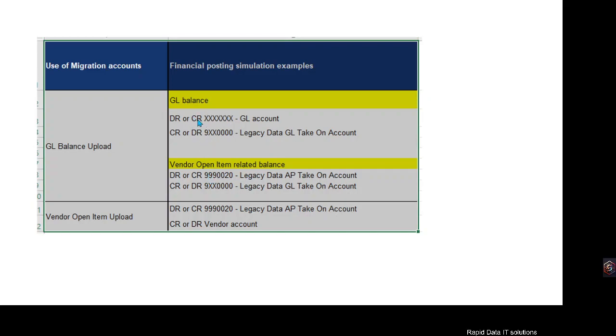But these accounts and those other ones, like the AR and the fixed asset, which we will talk about in subsequent sessions, together should become zero, which means that this line and this line together should become zero as well. So eventually the GL take-on accounts become zero once the GL balance is fully uploaded, by principle.